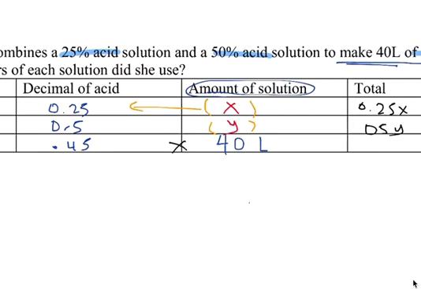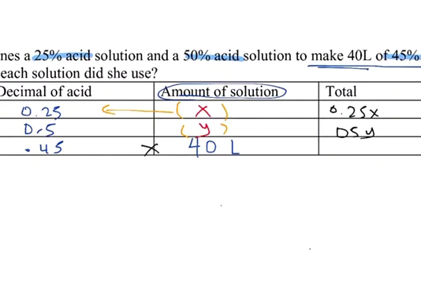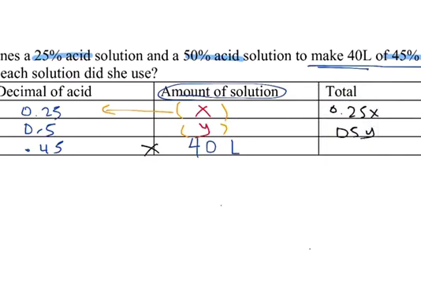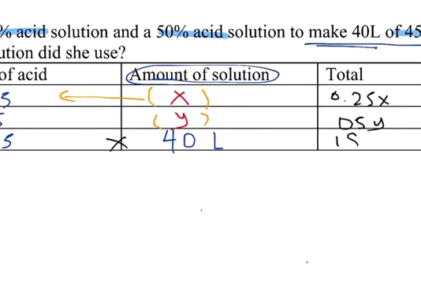Use your calculator. 0.45 times 40, you get 18. The total is 18 here.